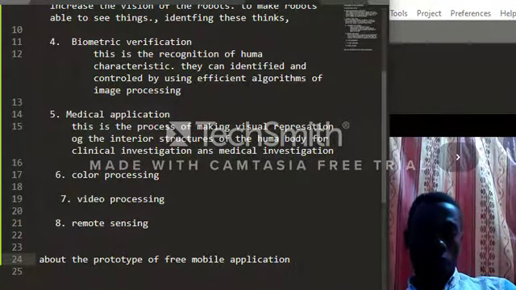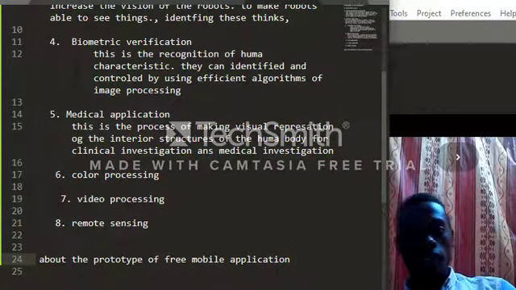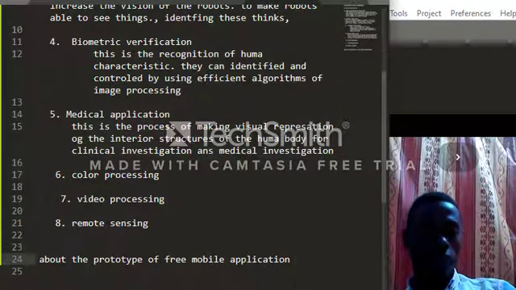All those videos or images that are going to be taken using this application by the farmers, it can process them. It analyzes them, then uses different characteristics of soil and classifies these soils into different soil types.